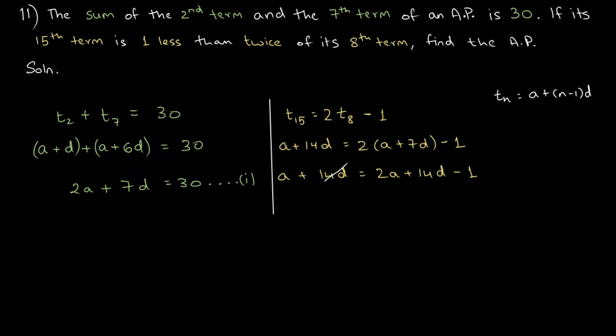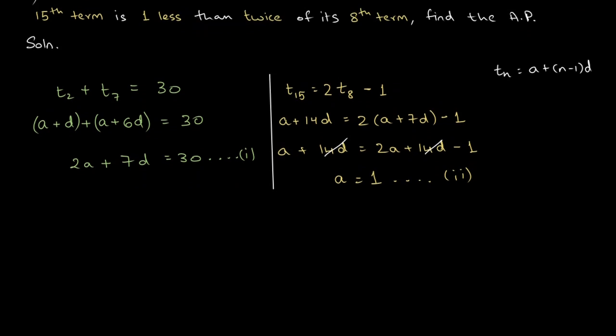So 14D and 14D from both the sides of the equation can get cancelled. If I rearrange the terms, take the 2A terms together, I can get the value. So 2A minus A makes it A, and minus 1 to the other side makes it plus 1. So if I solve this equation, I get A is equal to 1, right? So I have effectively got the value of the first term already. So this is my second equation, suppose, right?